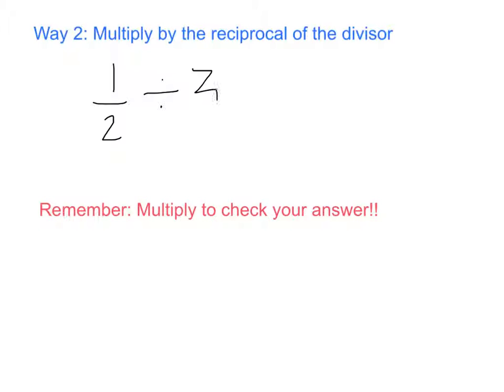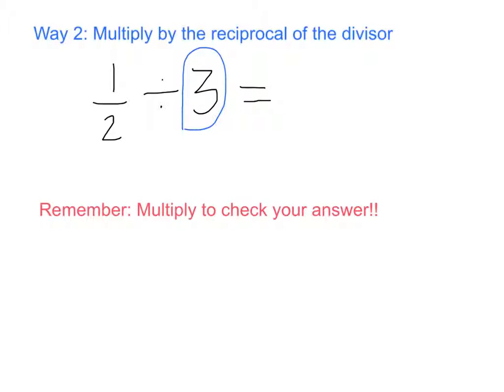So that's our mathematical equation. We have half the pizza, and we want to divide it into 3 parts. Now, way 2 says that I can multiply by the reciprocal of the divisor. The divisor is the number that you're trying to divide by. So in this case, our divisor is 3, right?